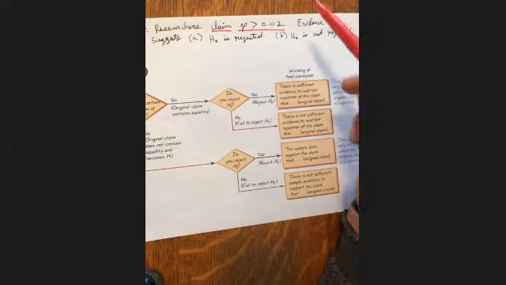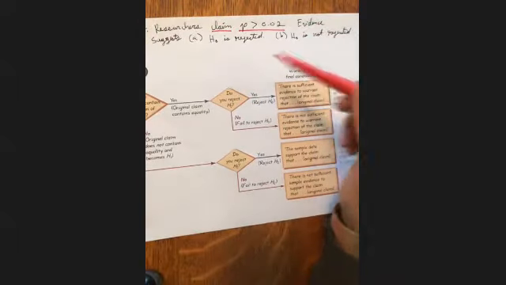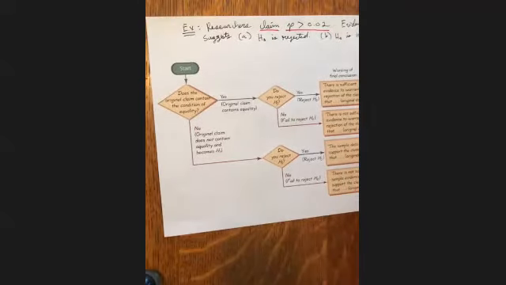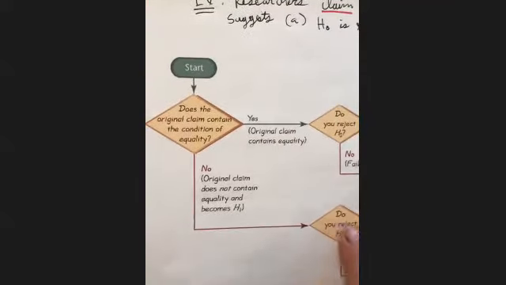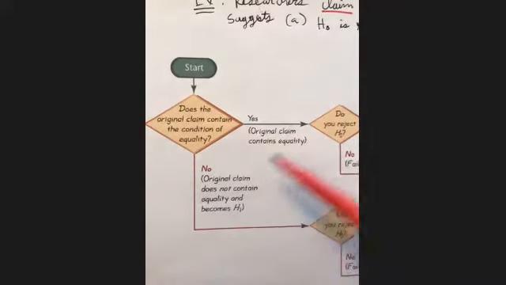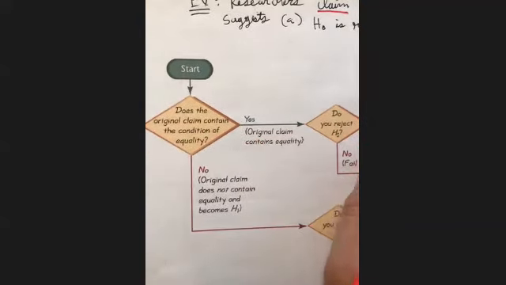All right, so let me show you how to reach a conclusion based on these two outcomes. This flow chart breaks it down. So we start, and the first question we have to ask ourselves is, does the original claim contain the condition of equality?